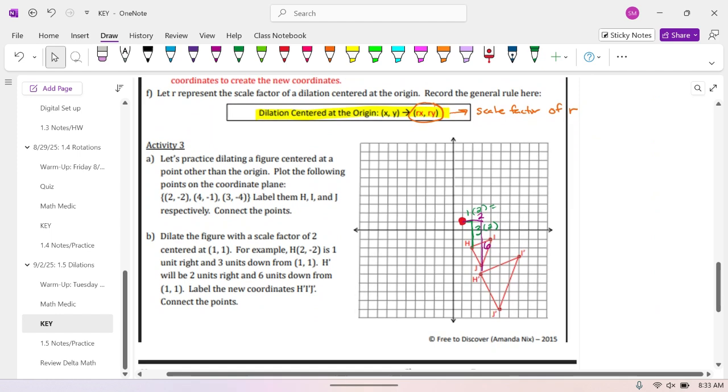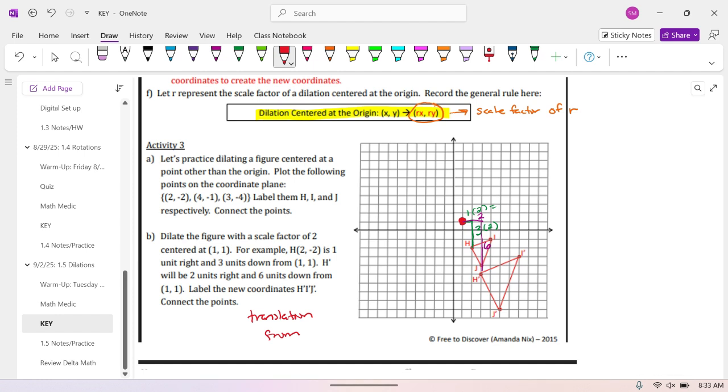So that's another way that you can do dilations. Think about it in terms of a translation. Just think they're translations from the center point, and they should be proportional.